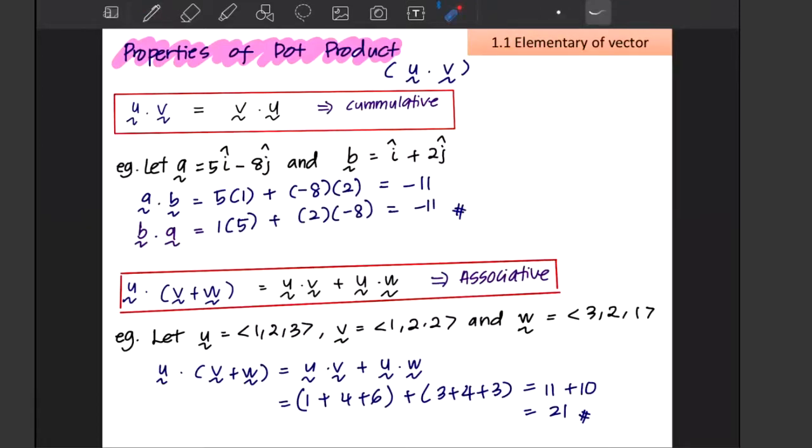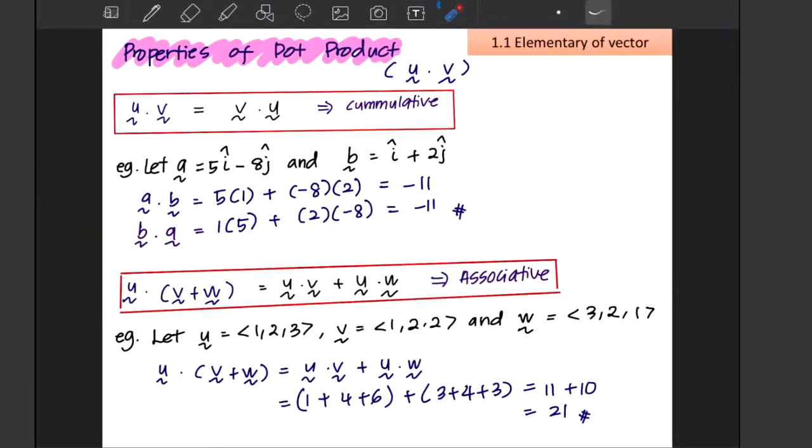Okay, property number 2. Dot product is distributive, where you can expand. When you see this kind of question, you have dot and also plus, so you must expand first. You expand: u dot v plus u dot w.